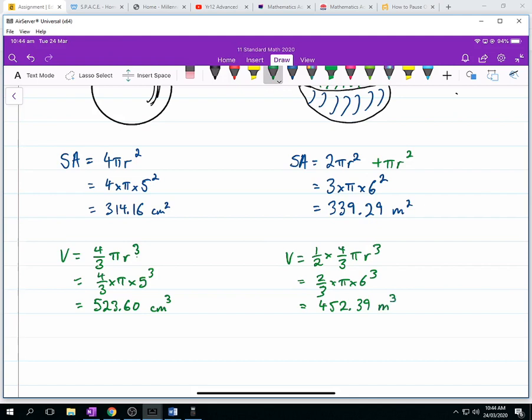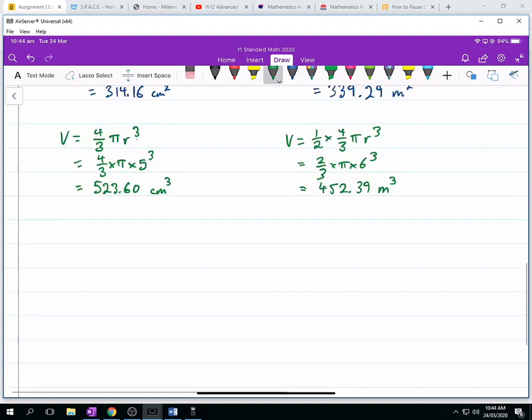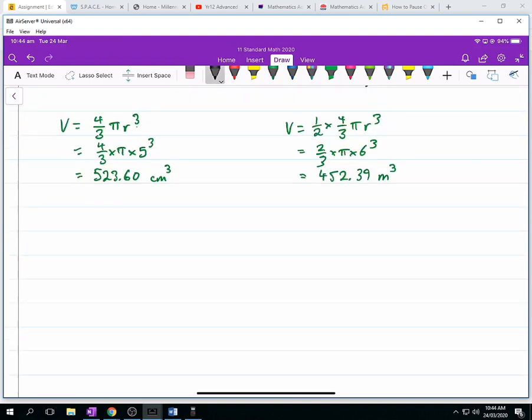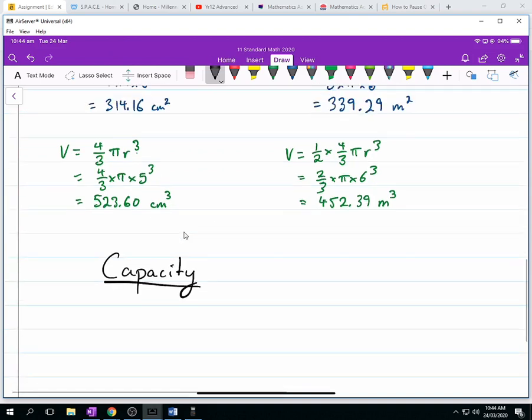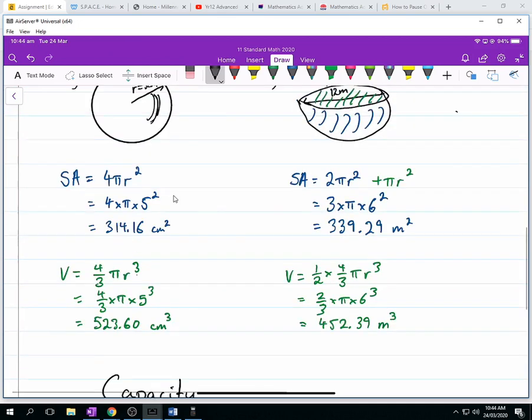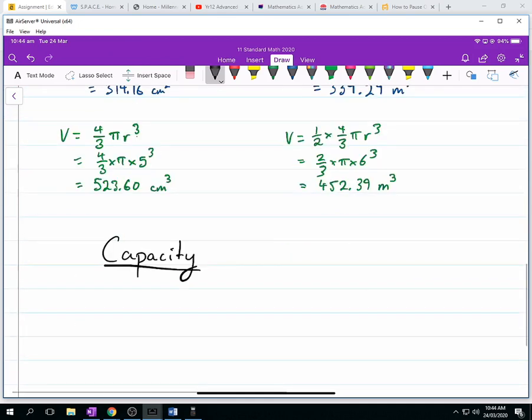So today we are looking at capacity conversions and how to calculate those. Please put the heading capacity. Your date should already be above our do now. What we are looking at here is how much liquid is being held in a shape instead of how much space is being used. I talked about it in class already.